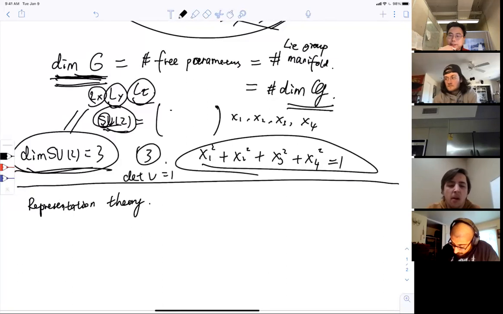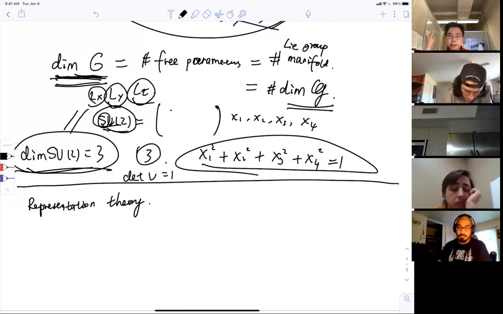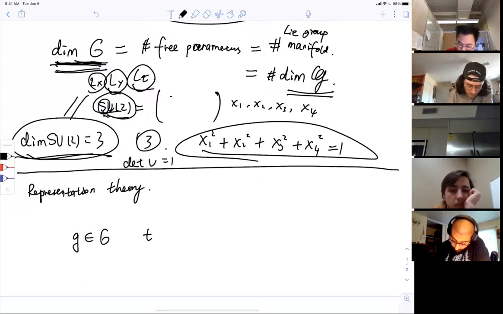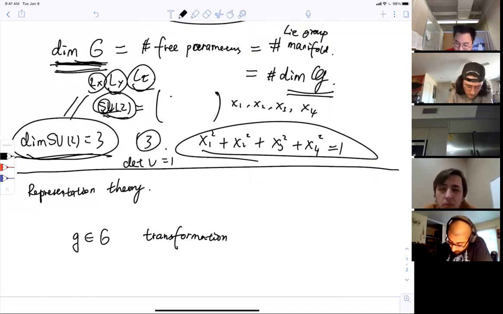But as physics students, we really need to think of every element as an operation acting on something. So a very natural thing is we can think of any element in a group as an operation or some transformation acting on some space.